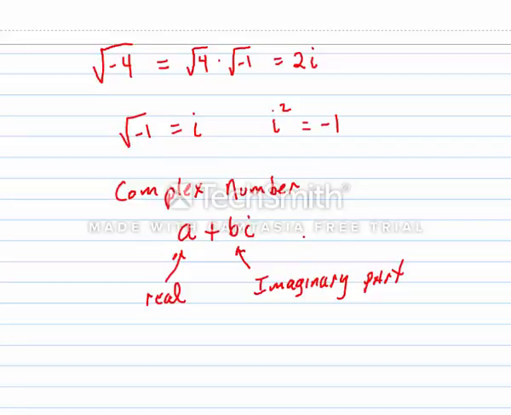And that's basically what a complex number is, just a plus bi. So with any numbers, we can add, subtract, multiply, and divide. So let's do a few examples.